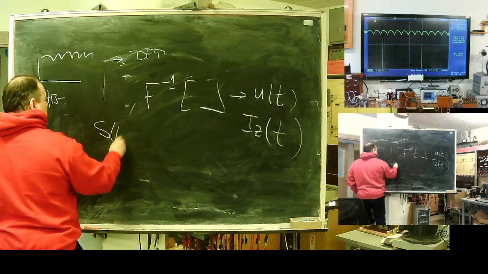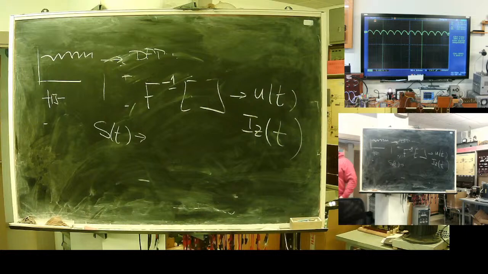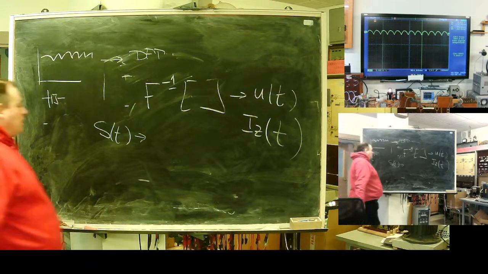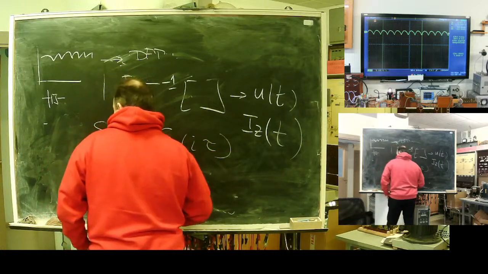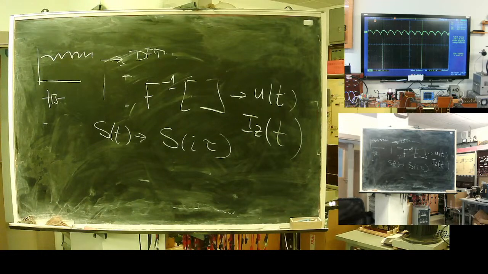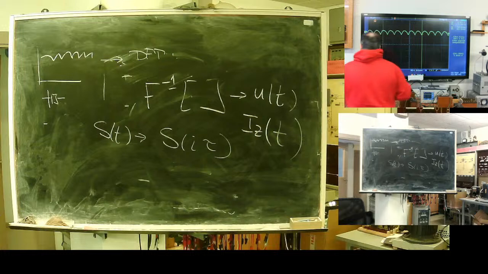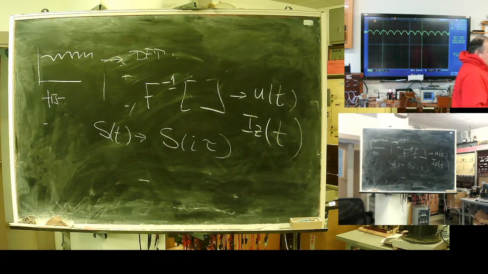I need to convert this continuous signal to a set of values. I will feed the set to the discrete time Fourier transform.